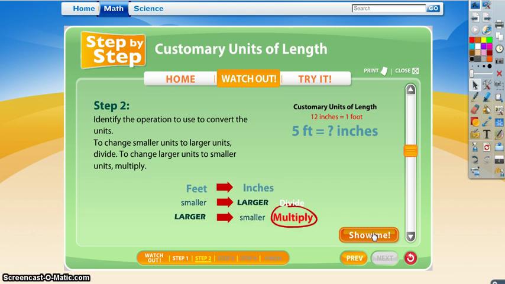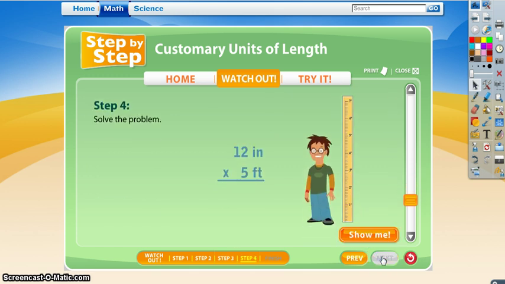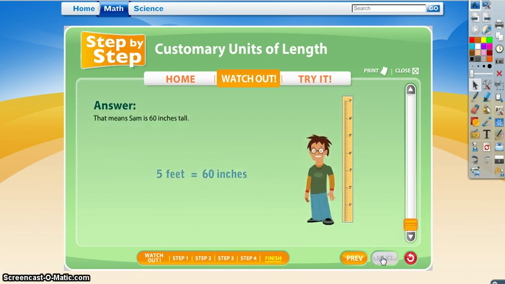That means we'll have to multiply. Set up the problem. We'll multiply 5 by 12 to find out how tall Sam is in inches. Solve the problem. 12 multiplied by 5 is 60. That means Sam is 60 inches tall.